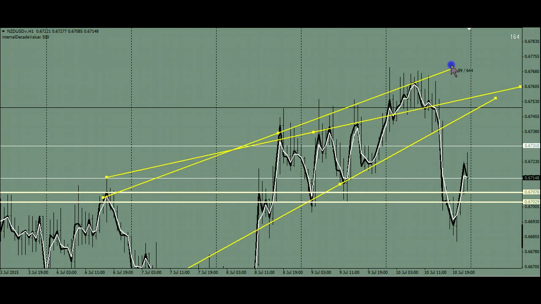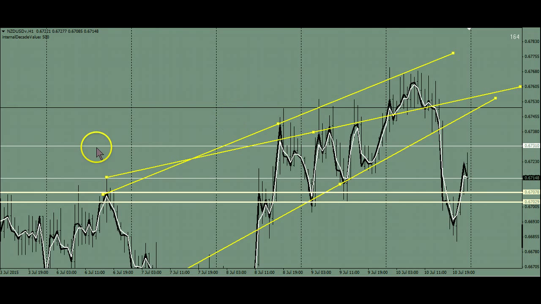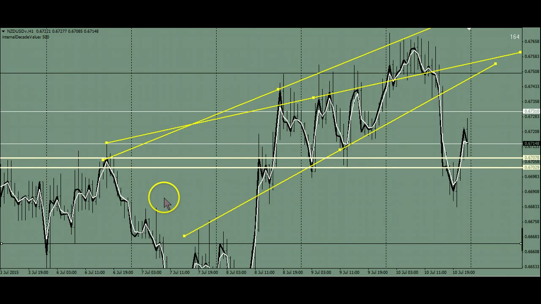Oh, I'm sorry. Make this one the black. So the black missed the expectations. If you're just taking the 1 period, you missed it here, right?